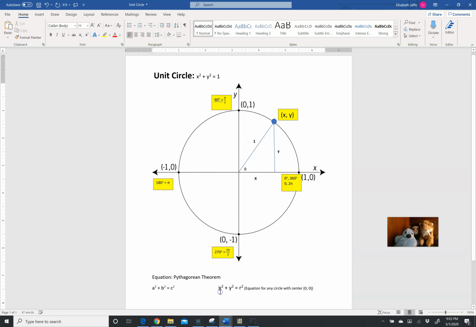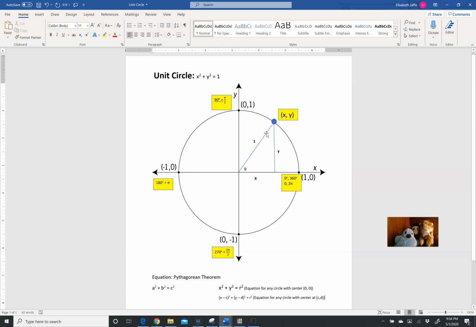And then if the center is at c comma d, then it would be x minus c squared plus y minus d squared is equal to r squared. Okay, that would be the equation for any circle with a center at c comma d, and that's because this is just a translation, okay?